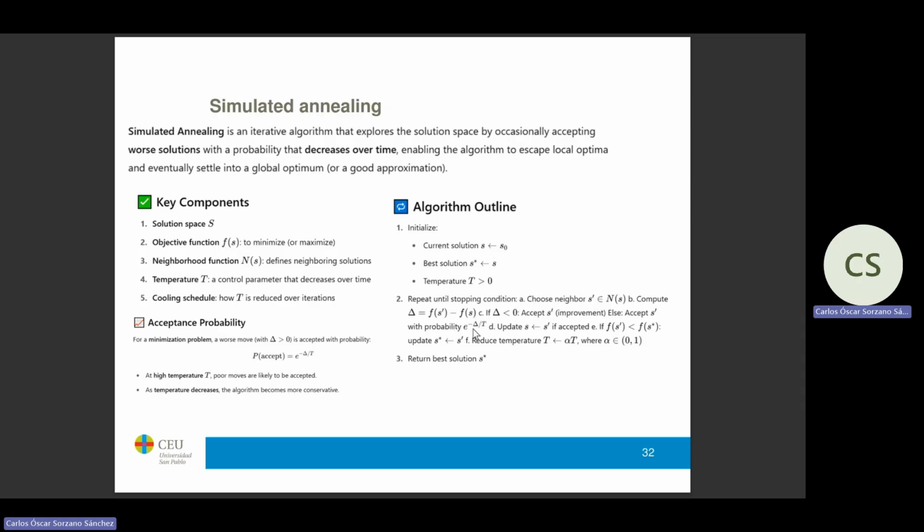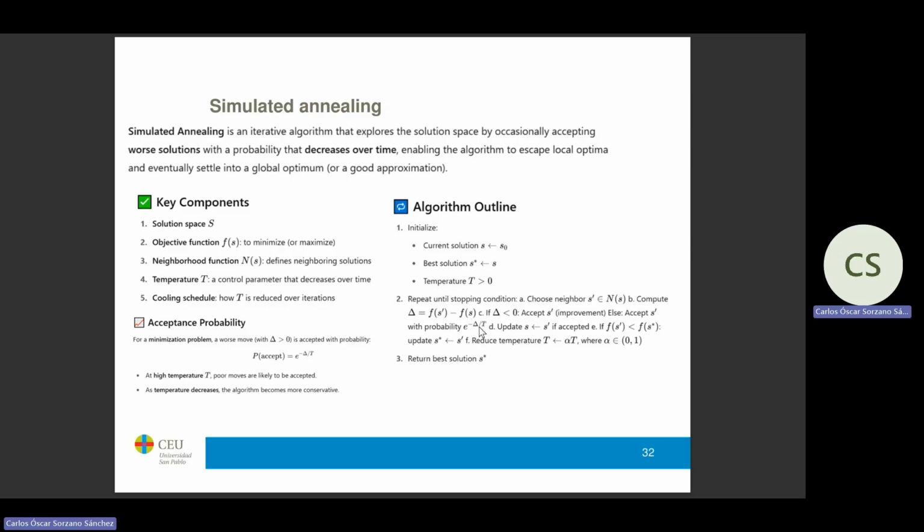We have seen the probability goes to zero as the temperature decreases. Let's not move the temperature yet. Let's say that my change is very small with respect to my current temperature.